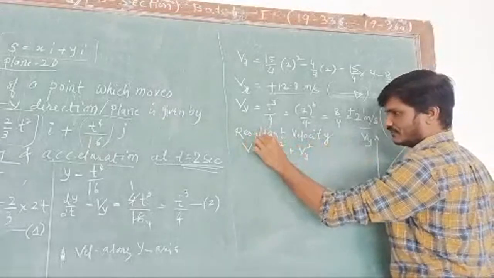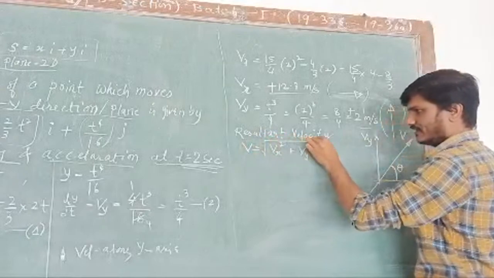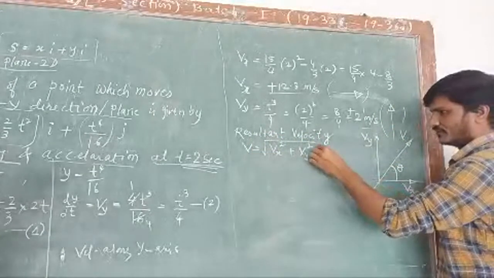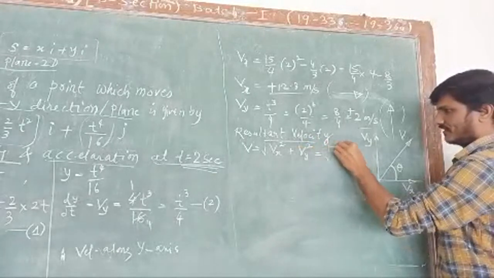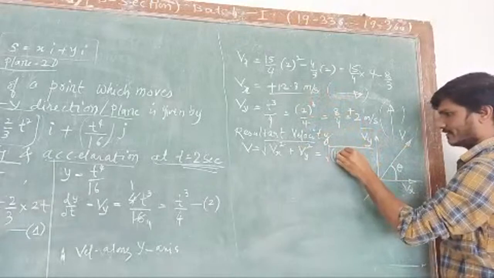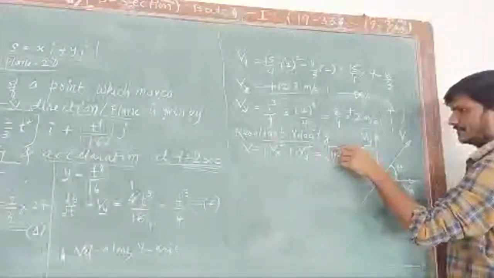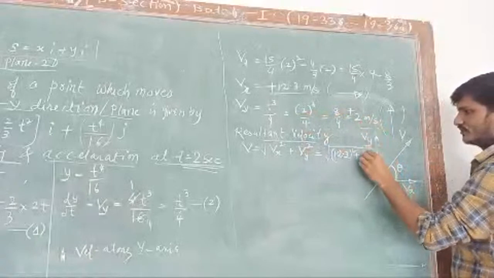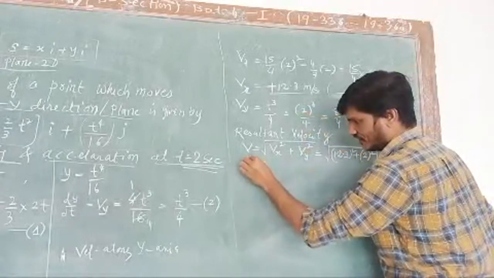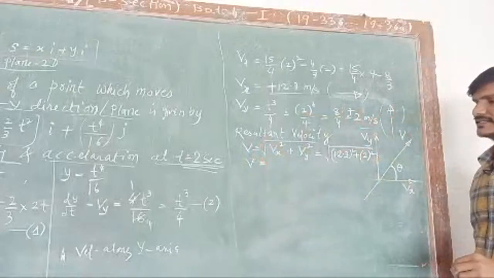Okay, so now this V square, if you take it to the right side, it will be under root. Now we can substitute the value of Vx. Vx value we obtained is 12.3 square plus Vy square, that is 2 square. So from this simplification, we will obtain the resultant velocity.